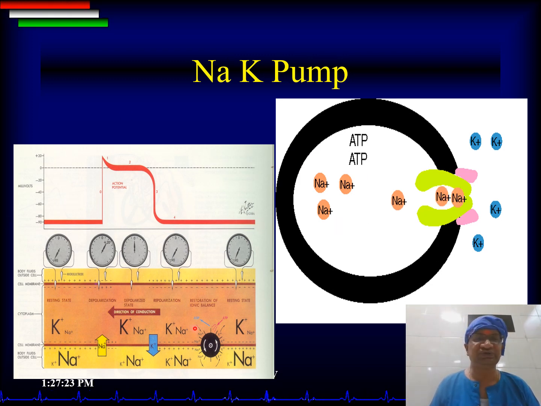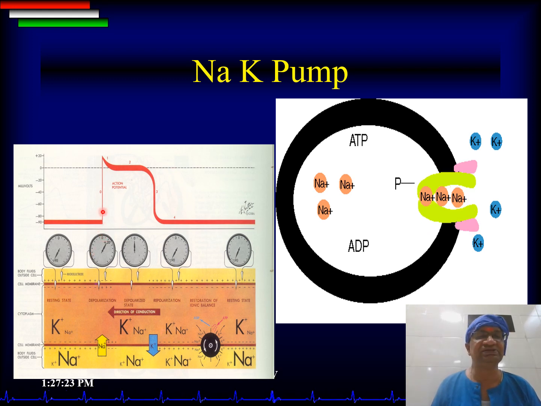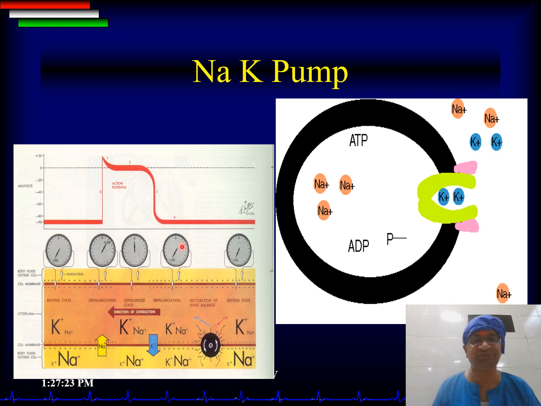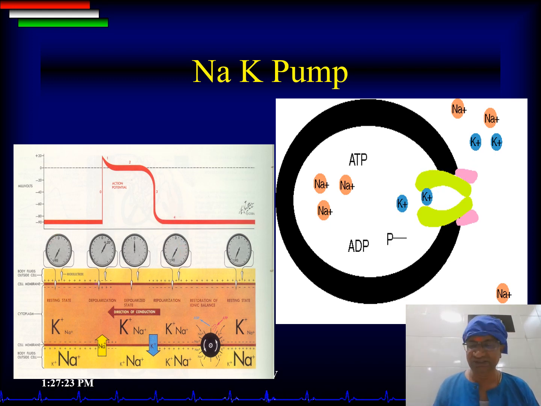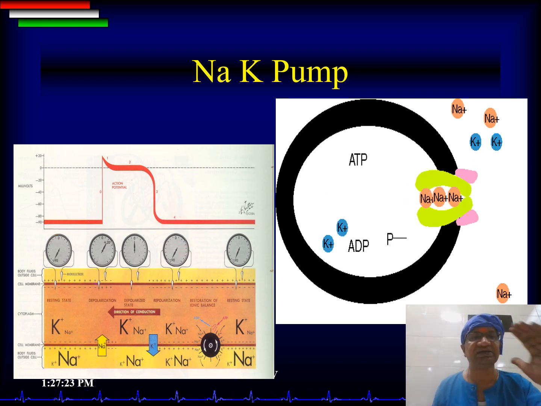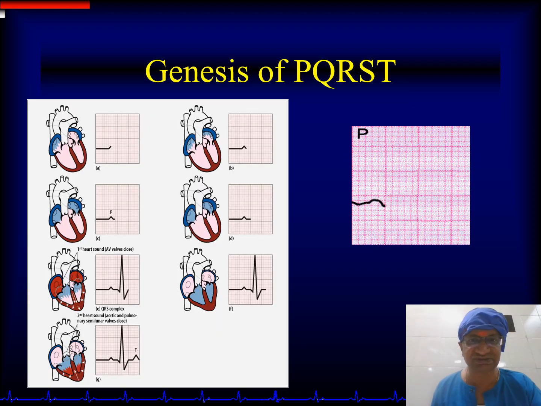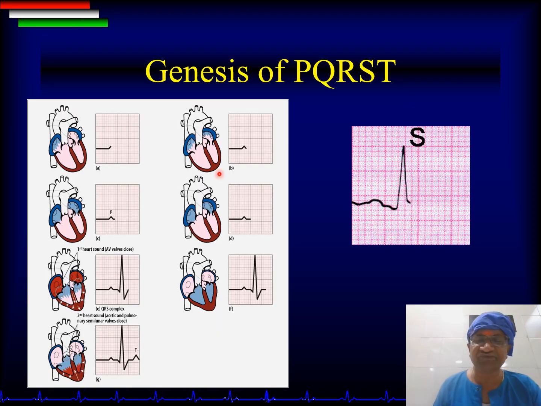Now, if you go to this sodium potassium pump, I'm not going into the details. This is sodium in, sodium in is less, calcium, potassium out, and sodium potassium ATPase. This is the cardiac cycle. So this is the genesis of PQRST.